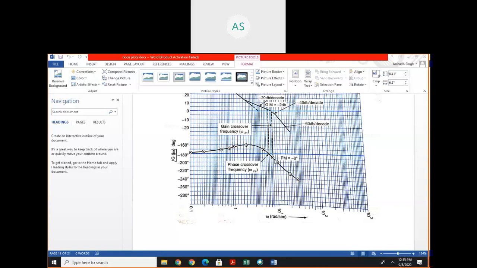And the phase margin is given by this, negative phase margin, and this is the negative gain margin. It means that the system is unstable. Positive phase margin and positive gain margin mean the system is stable, and negative phase margin and negative gain margin mean the system is unstable. So this system is unstable.